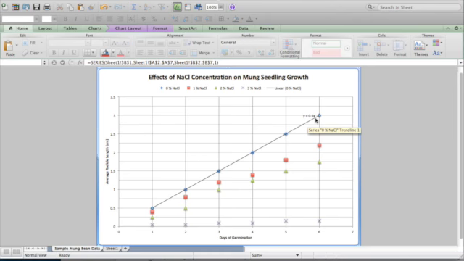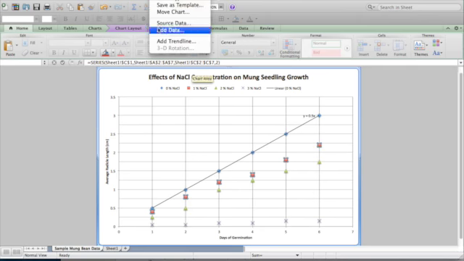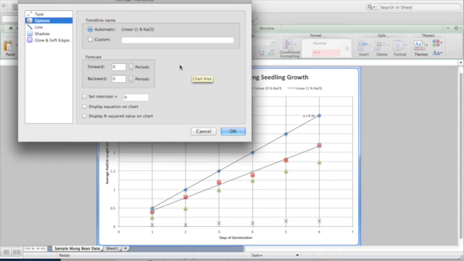And now I say, okay, how does my experimental here for the 1% compare? So let's try that again. I hover on one of the samples and click on it. So now I'm choosing all this data set here for 1%. Again, up here to chart and add a trend line.